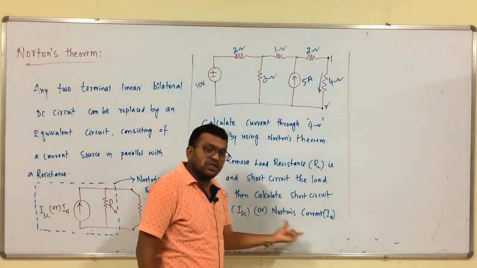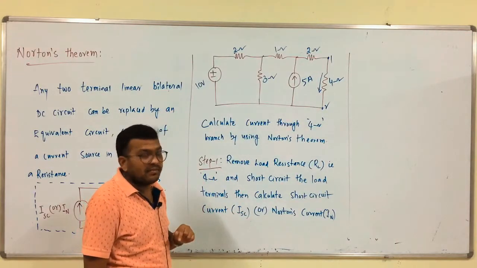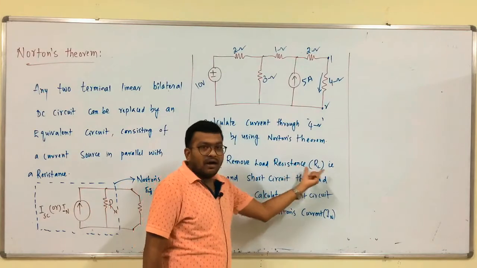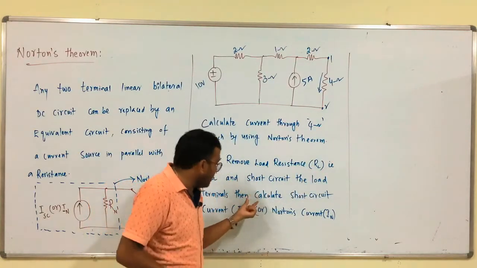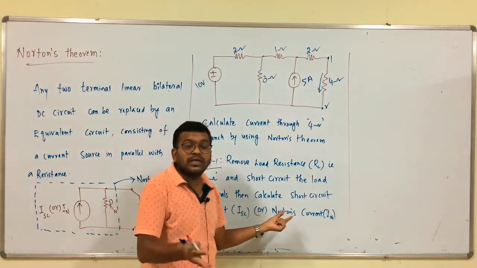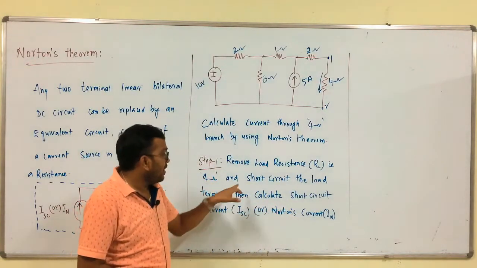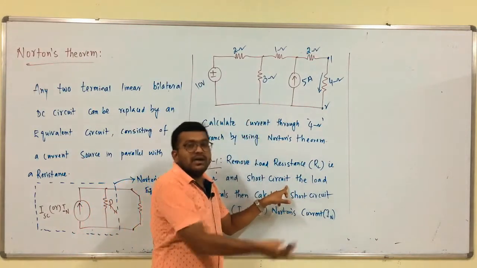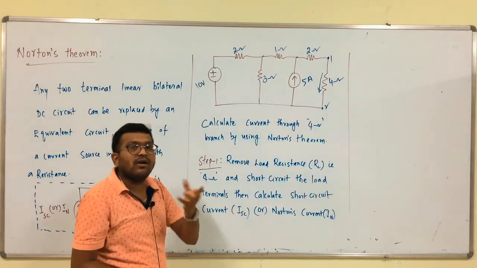The current is nothing but short circuit current or Norton's current. In case of Thevenin's theorem, remove the load resistance RL, open circuit the load terminals and calculate the open circuit voltage or Thevenin's voltage. Here, short circuit the load terminals and calculate the current, that current is nothing but short circuit current or Norton's current.